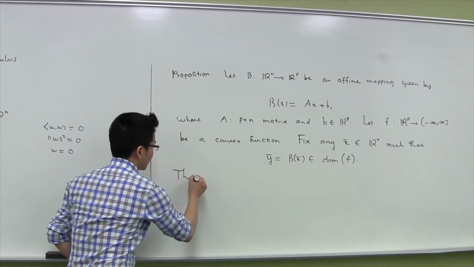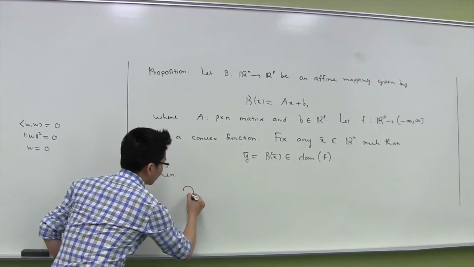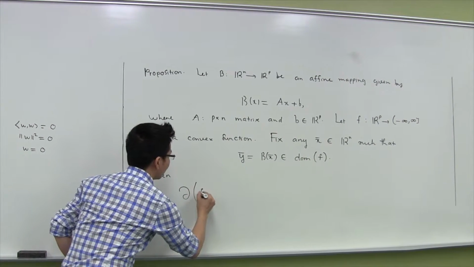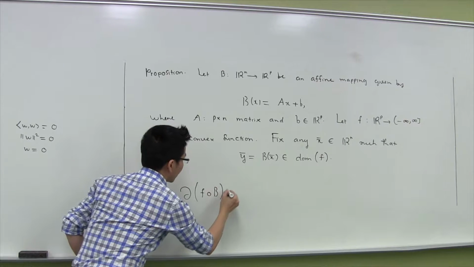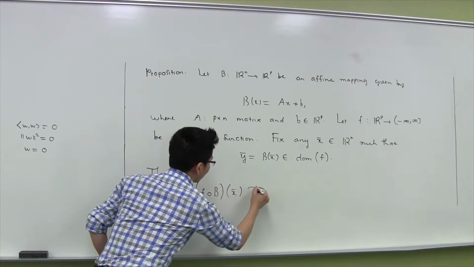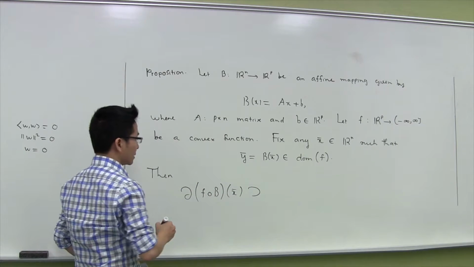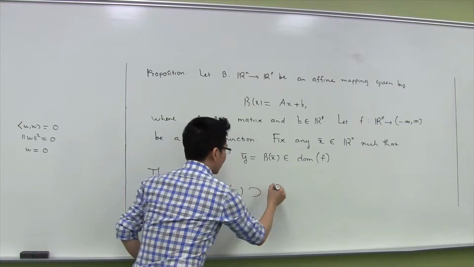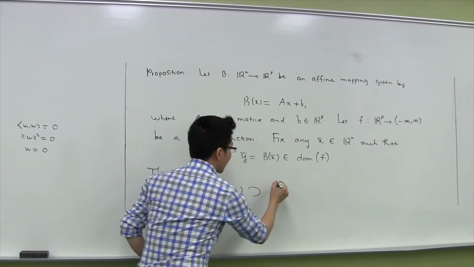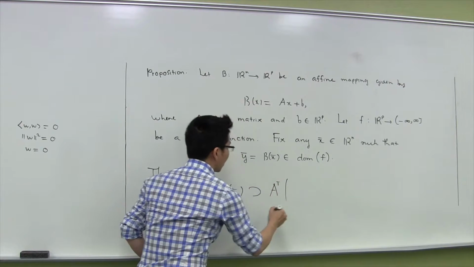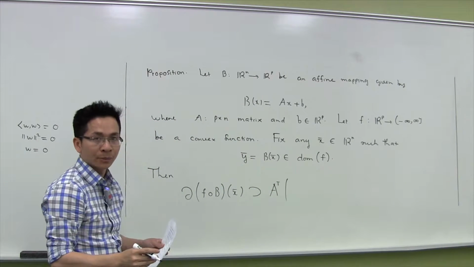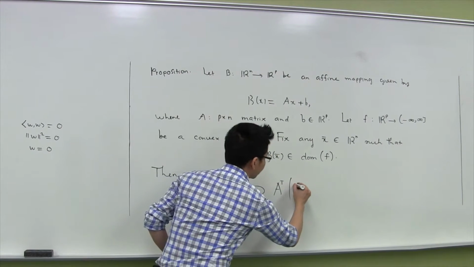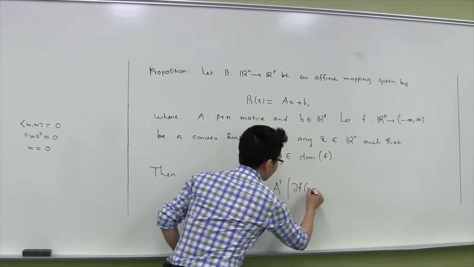Then the subdifferential of the composition of f and B at x bar always contains the following set. It is the product of A transpose and all vectors in the subdifferential of the function f at y bar.